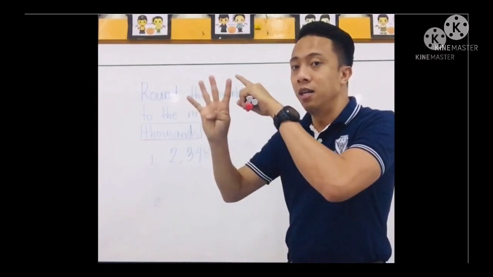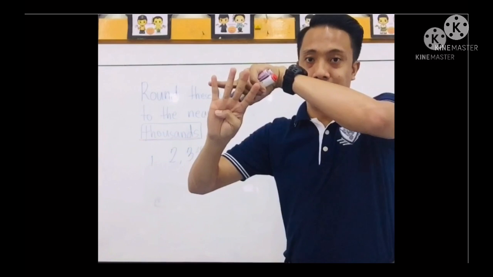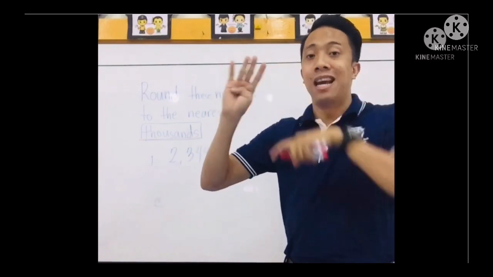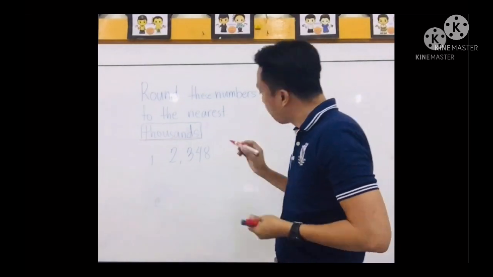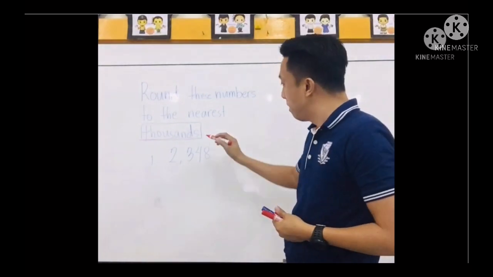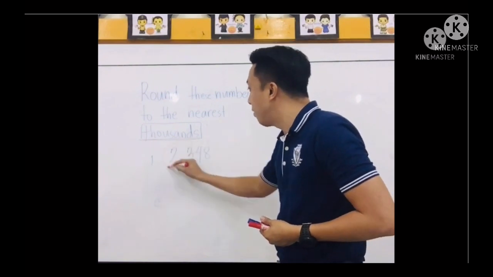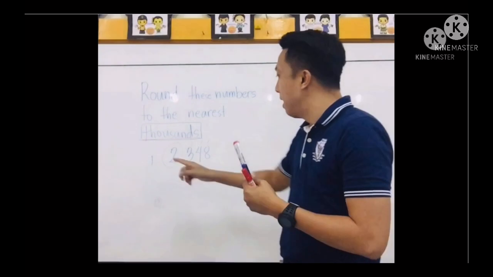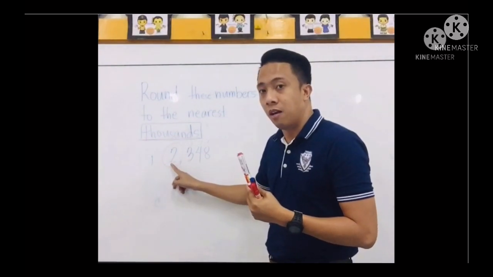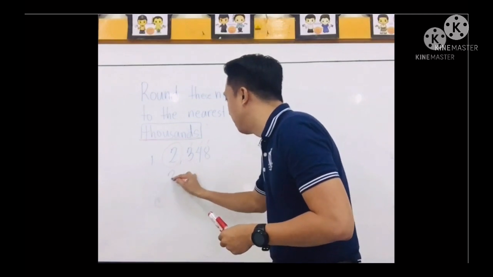Ones, tens, hundreds, thousands. So thousands is on the fourth digit. So our given number is 2. Okay? So I will put 2 here.